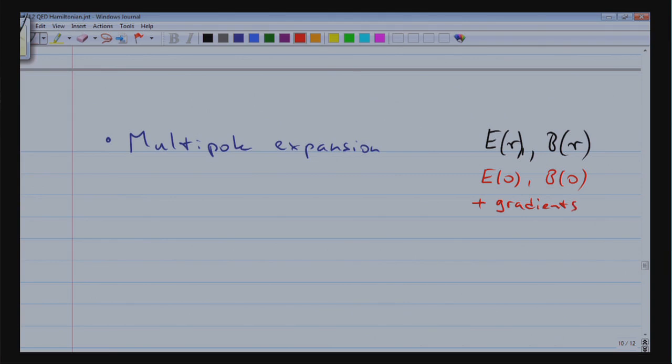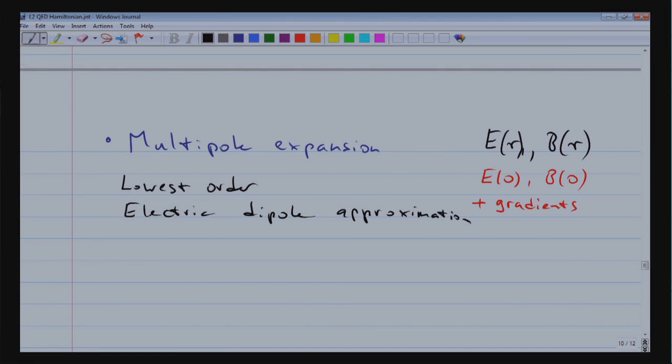We've talked more about that actually in 8421 when we talk about multipole transitions. But here I want to only focus on the lowest order, which is called the electric dipole approximation, because this is the most important case which is used in atomic physics.